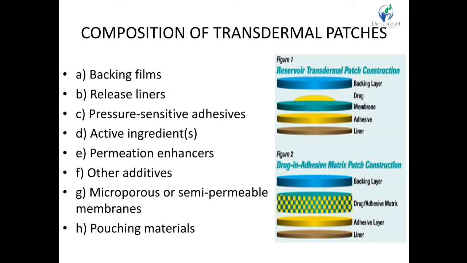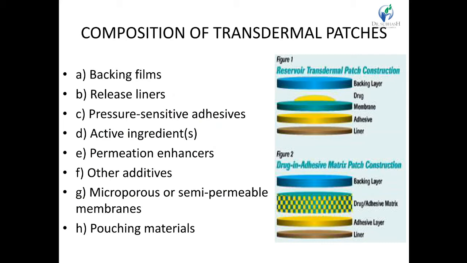Next, the composition, the general formulation of the transdermal patch. These are the parts we require: the drug, the API, and the polymer matrix, the polymers we have to use.